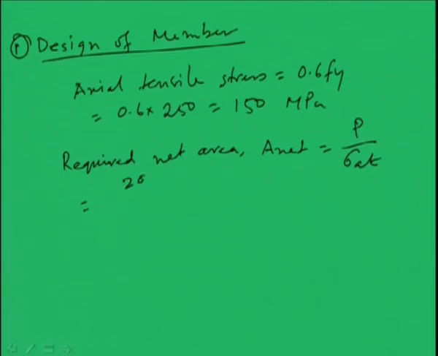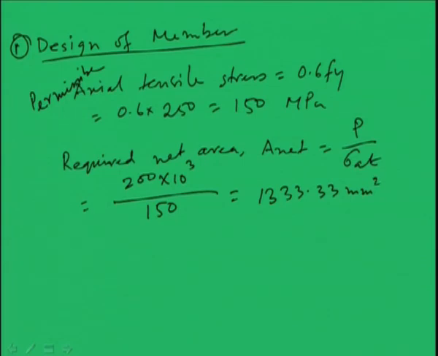If we convert to Newton, we have to multiply by 10 cube, and sigma AT is nothing but the permissible axial tensile stress, which is 150, right. So after calculating, we will get the area as 1333.33 millimeters square.